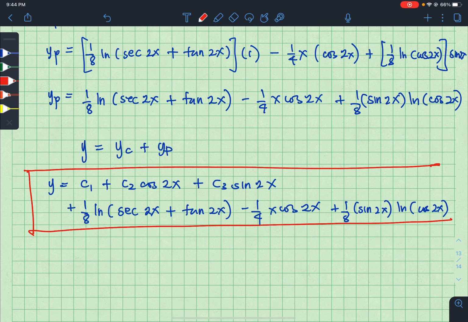And that will be the final general solution. So that is variation of parameters. Thank you.